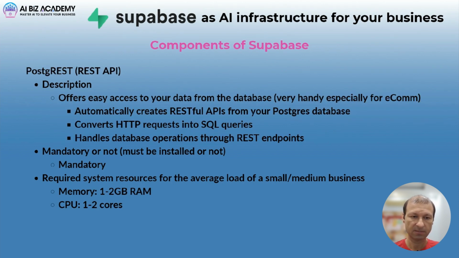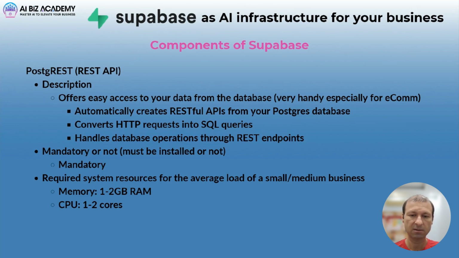PostgREST is the REST API that serves your database. Meaning, in a traditional development world, you would need a development team to create APIs that provide access to the data. This is offered out of the box by PostgREST, where you can basically access your database via RESTful APIs.